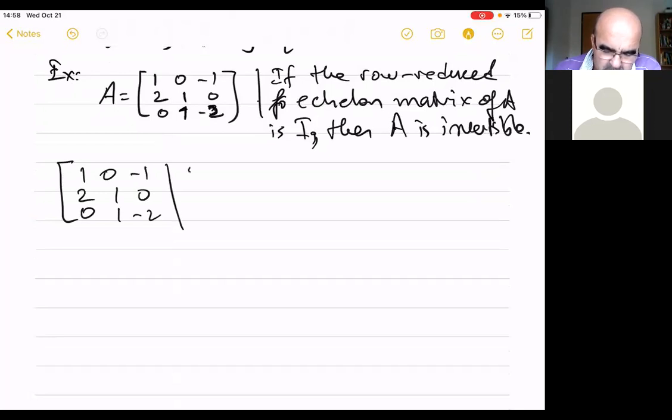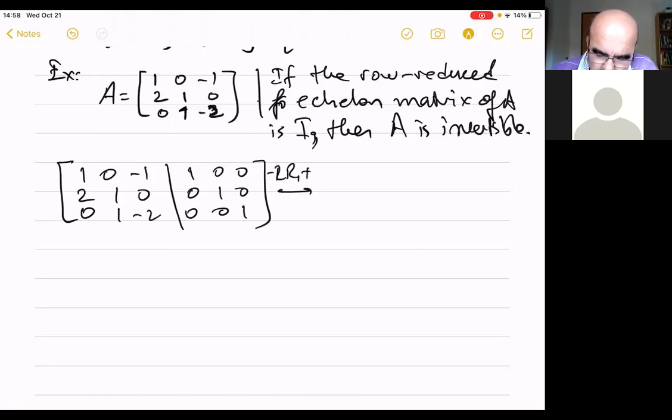So 1, 0, 0, 0, 1, 0, 0, 0, 1. Okay. So what do we do first? Row minus 2 times row 1 plus row 2 makes this 2, 0, 1, 0, minus 1, 1, 0, 0.